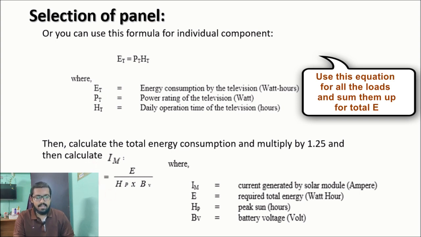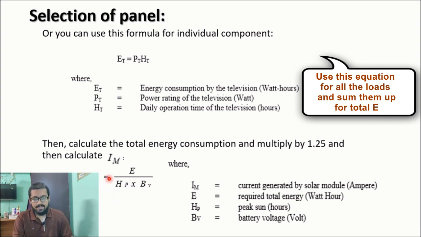Now what is this IM? It's the current generated by the solar module. Actually, before using this E, you have to multiply this E value by 1.25 because there is loss and you want to produce more than you required.